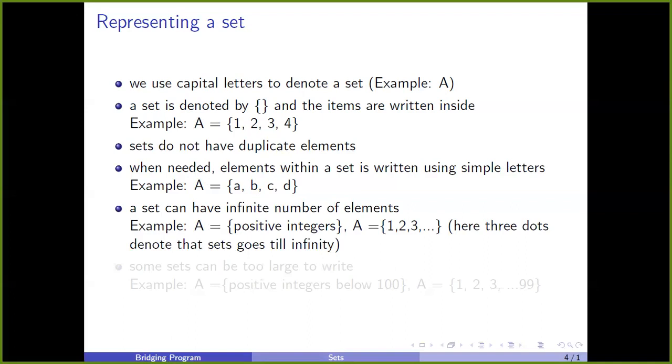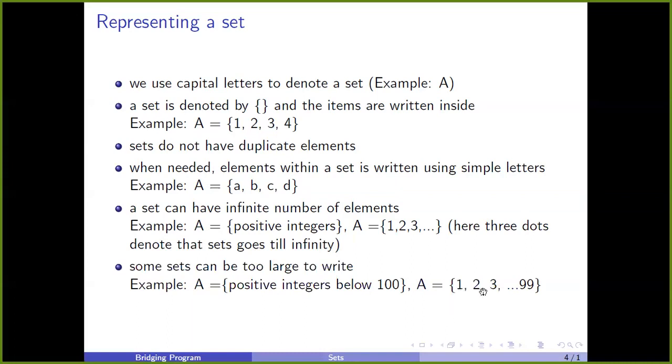So going on to a few other notations. Let's say we want a set of positive integers below 100. So positive integers, you go from 1 up to 99. You can write the entire thing, but that's going to be tedious. So instead you can say 1, 2, 3, put three dots, and then 99.